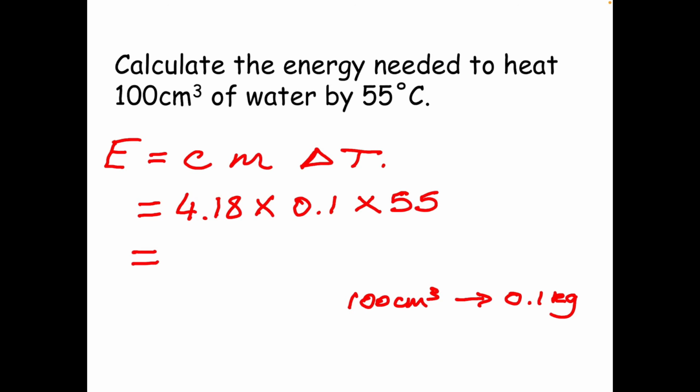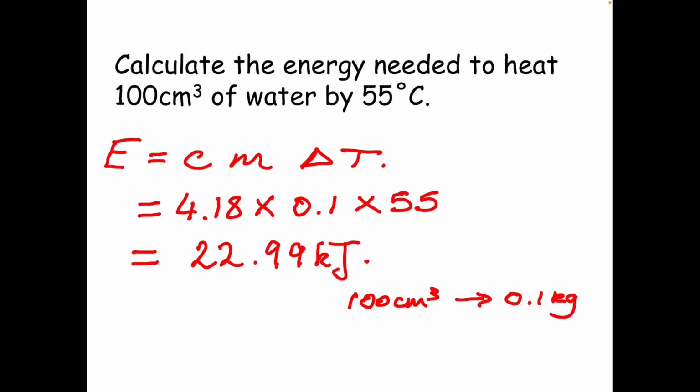That means our answer is going to be, if you use the calculator, 22.99 kilojoules. And I'm going to introduce something to you just now. If this is heating 100 centimetres cubed of water, then it's going to be exothermic because it is giving out heat and that is heating the water.